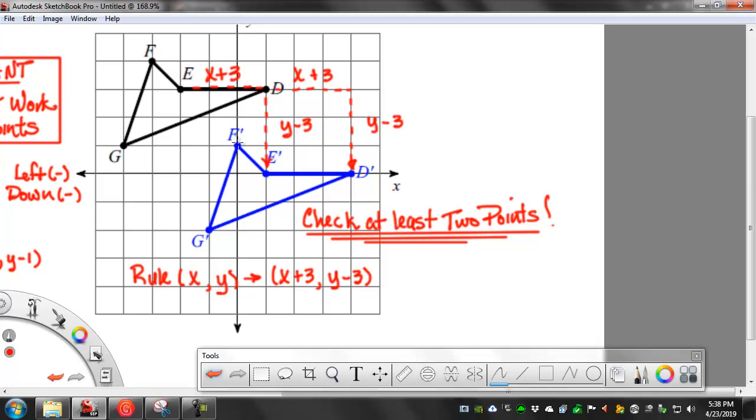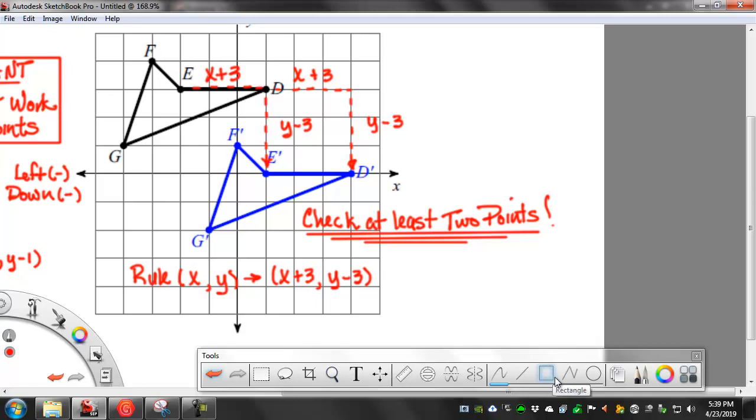And I would go down 1, 2, 3. Now remember to count the squares. Don't count the tick marks, or you'll end up getting the problem wrong. So we've checked it for F. Now if we check it for all the other ones, x plus 3, y minus 3, x plus 3, y minus 3. Yeah, it'll probably work for all of them.